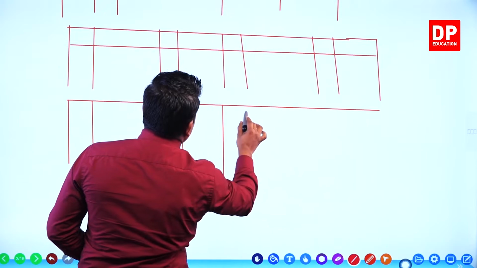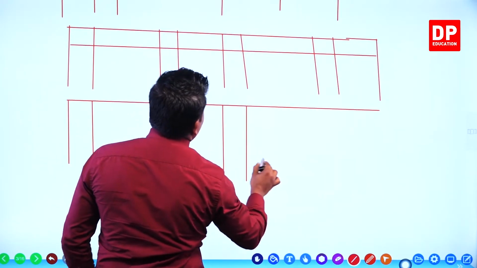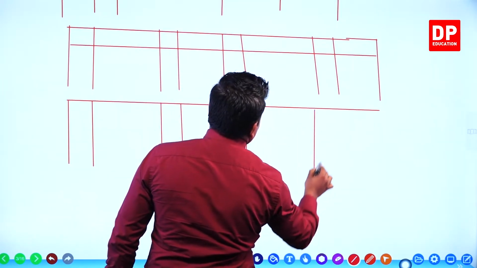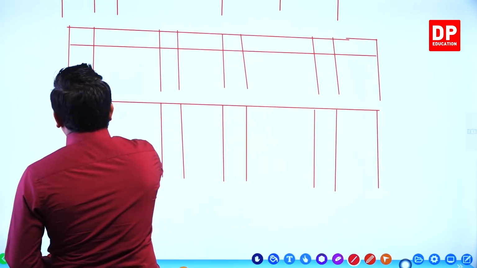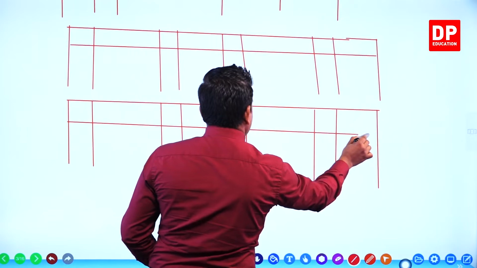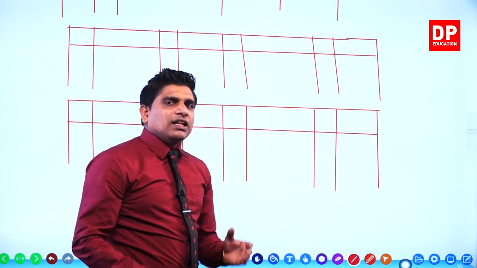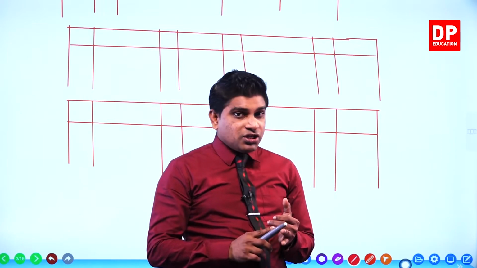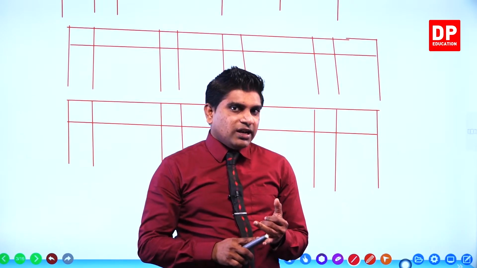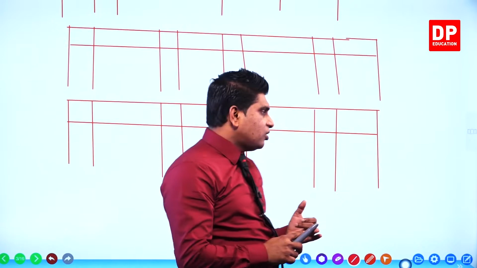See, this is straight, no? Then what else? What are the other formats? Profit and loss statement and statement of financial position. Profit and loss statement and statement of financial position also you have to draw.